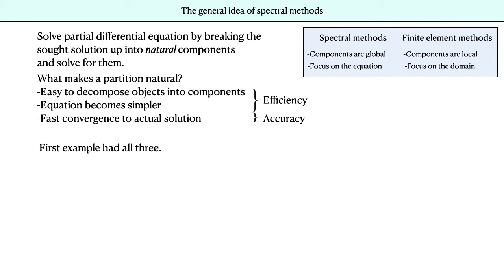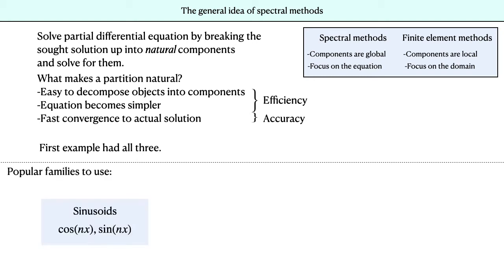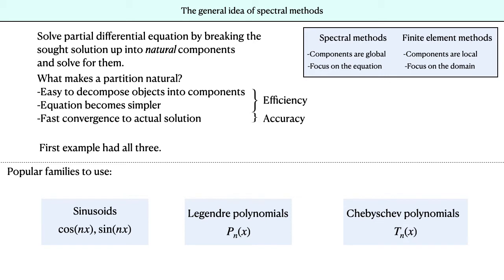Another difference is that for spectral methods, you really look for convenient properties to exploit in the equation, whereas finite element methods are often focused on the geometry of the space. Okay, some popular families of basis functions are sinusoids, which is what we've used in the first and second example. You can also use Legendre polynomials and Chebyshev polynomials.